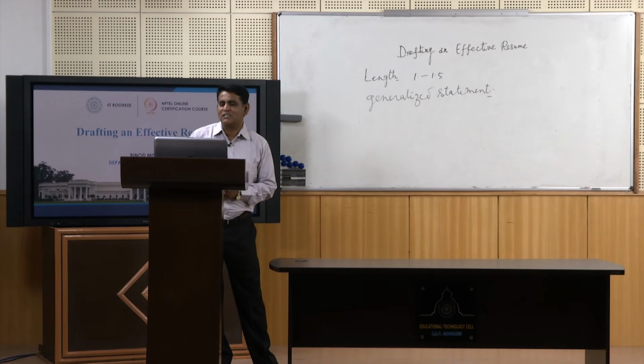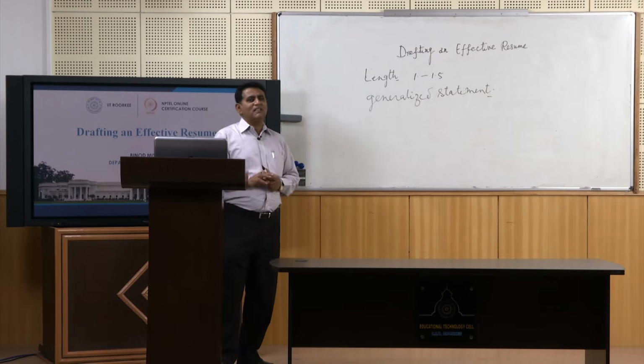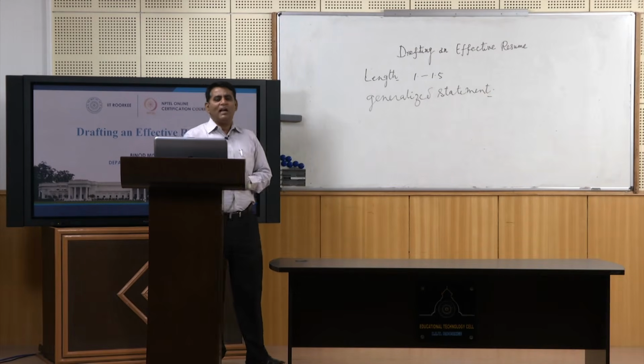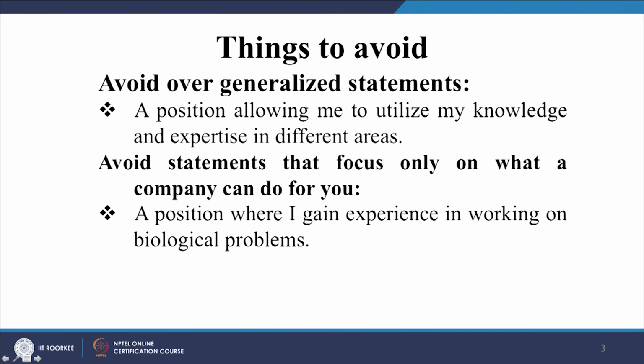specific skills. Suppose somebody says, a position allowing me to utilize my knowledge in different areas. Now the question remains, what different areas, what different disciplines? So it is actually needed to be specific and say a position where I can gain experience in working on biological problems, in working on Linux and something else.